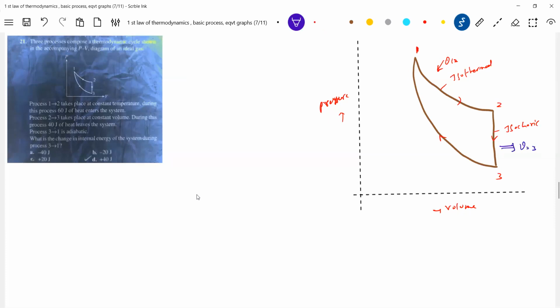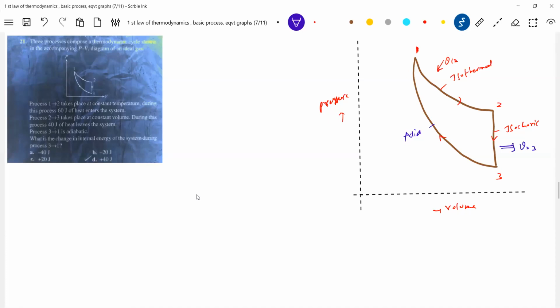Q23 is 40 joules rejected. This much condition is given. 3 to 1 is adiabatic, it is telling. So there's the adiabatic. What is the change in internal energy of the system during the process 3-1?